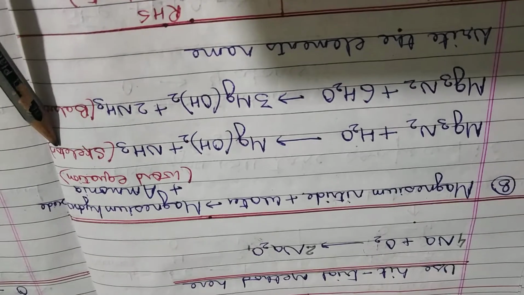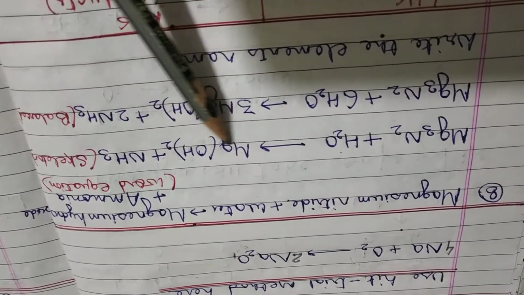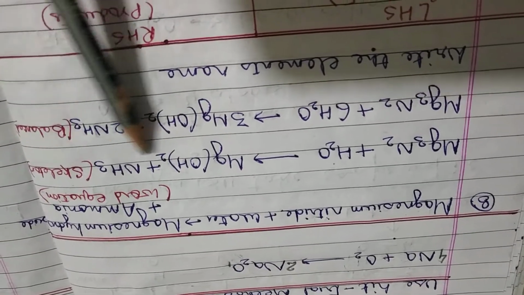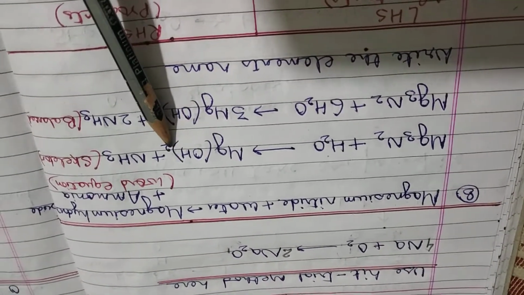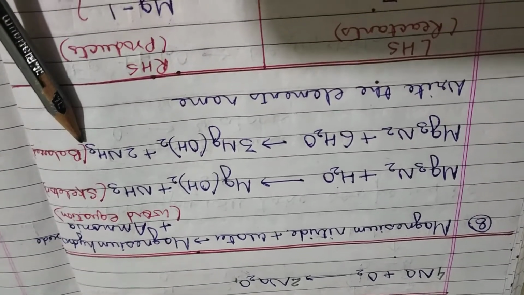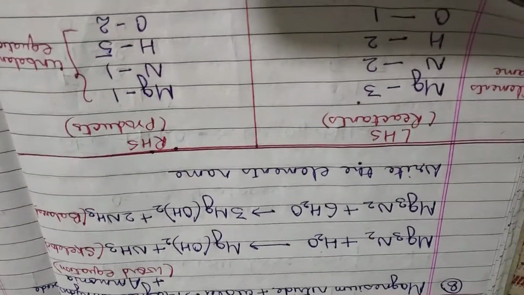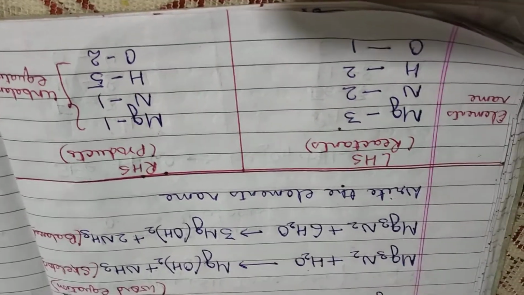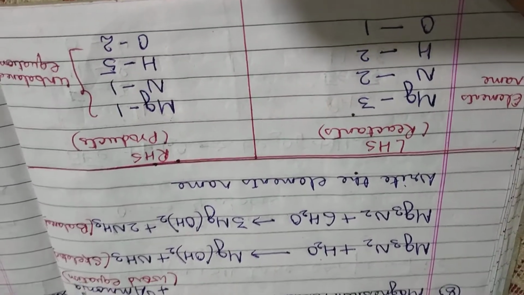So this is your skeleton equation, and a skeleton equation is an unbalanced equation in which the number of atoms is not equal on both sides. Now below this one is your balanced equation. Now again, by using the hit and trial method, we will first write the elements' names.